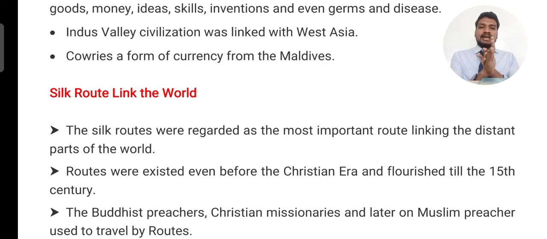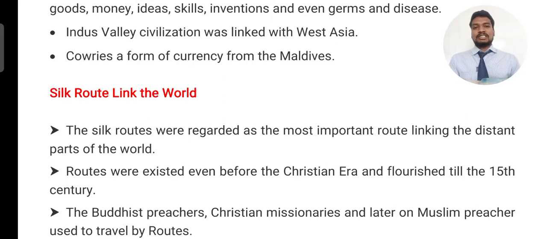Because in the Christian era, BC goes in descending order, while AD is in ascending order. So the Silk Route had begun before the Christian era, before BC.